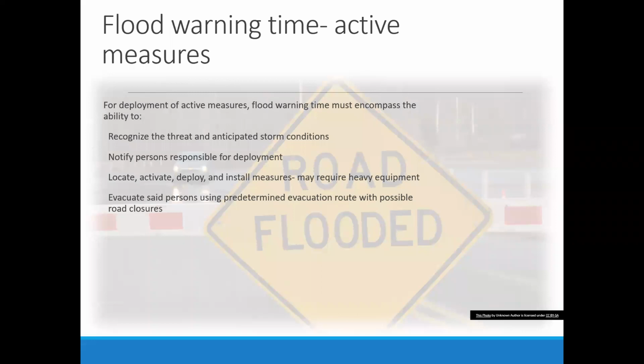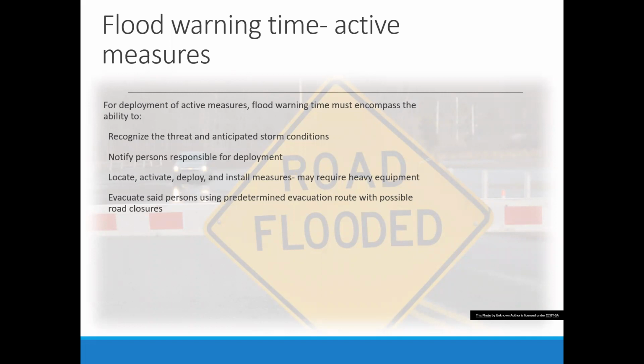So as I said, flood warning time for active measures: you have to deploy someone after you've recognized the threat and what type of anticipated storm conditions you're looking at. They have to locate, activate, and deploy all of those measures, which could require heavy equipment or some kind of technical knowledge of how to do that.